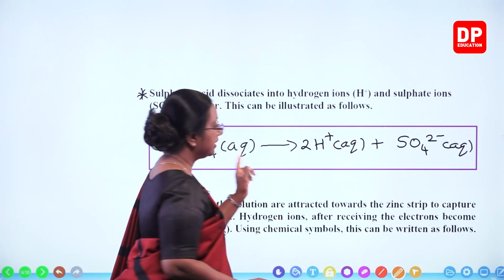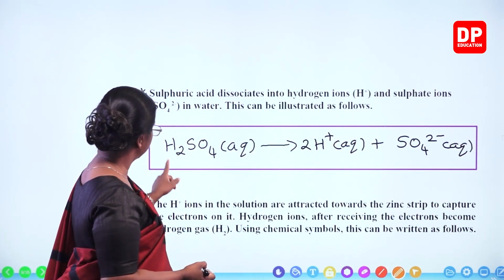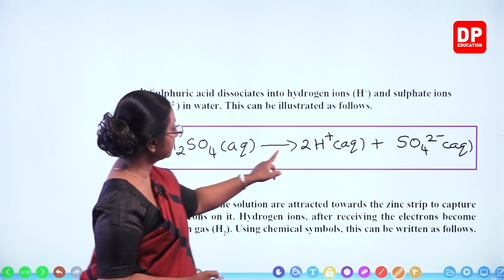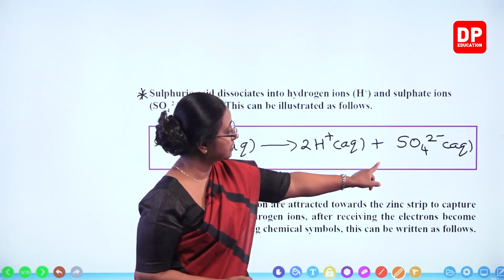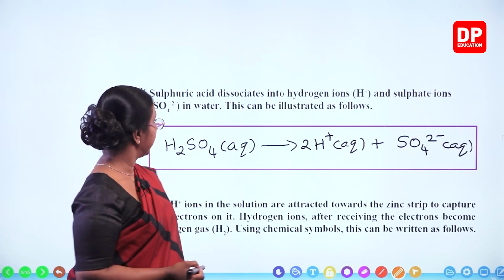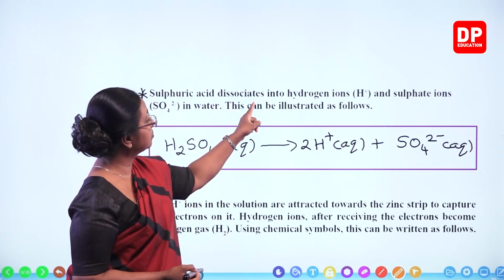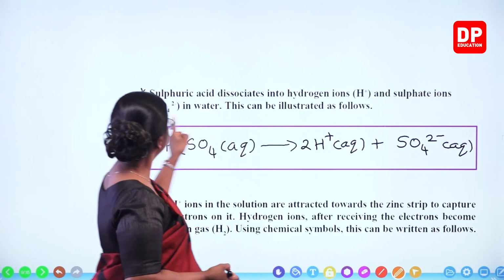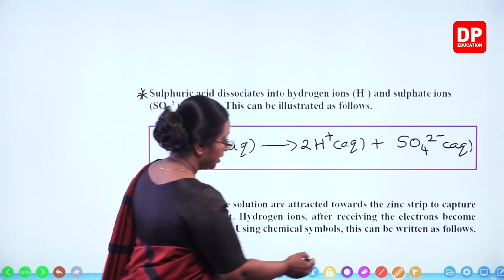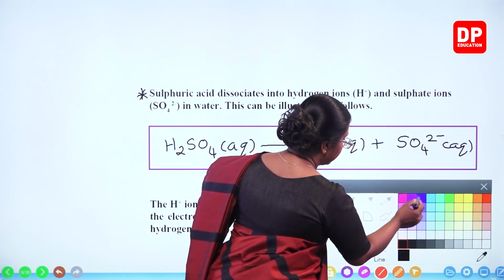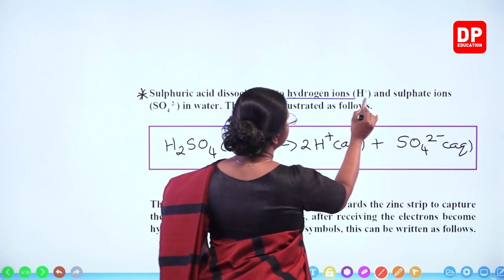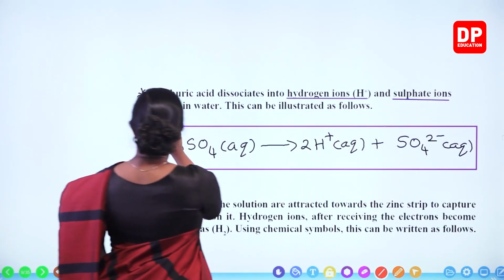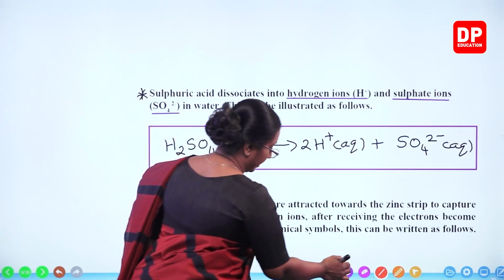I have already written the balanced equation: H2SO4 aqueous giving rise to 2H plus aqueous and SO4 2 minus aqueous. Sulfuric acid dissociates into hydrogen ions, H plus ions, and sulfate ions in water. You have to remember these terms. You are familiar with them, hydrogen ions and sulfate ions, SO4 2 minus.